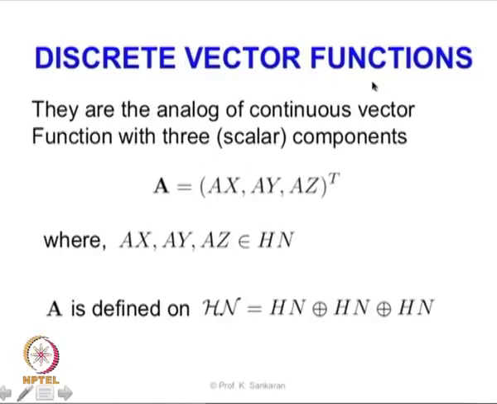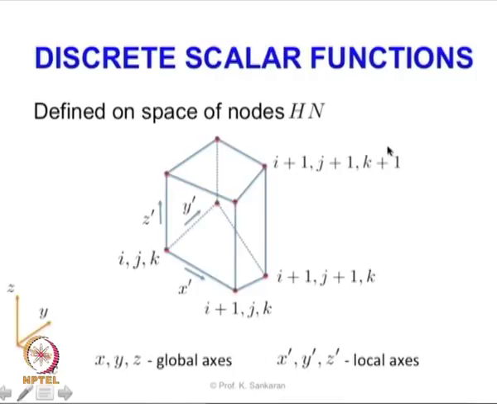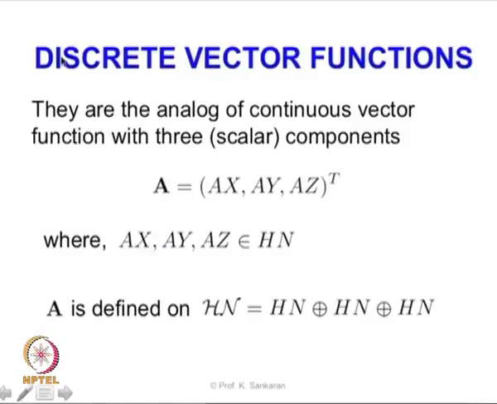The discrete vector functions. Initially we talked about discrete scalar functions; in the same sense we can talk about discrete vector functions, and these are going to be the analog of the continuous vector functions with 3 scalar components, which are Ax, Ay and Az.